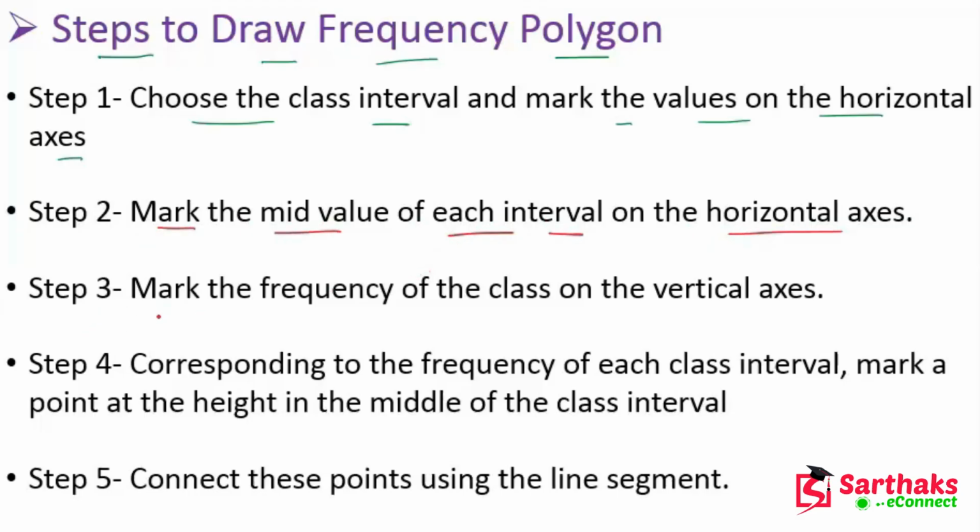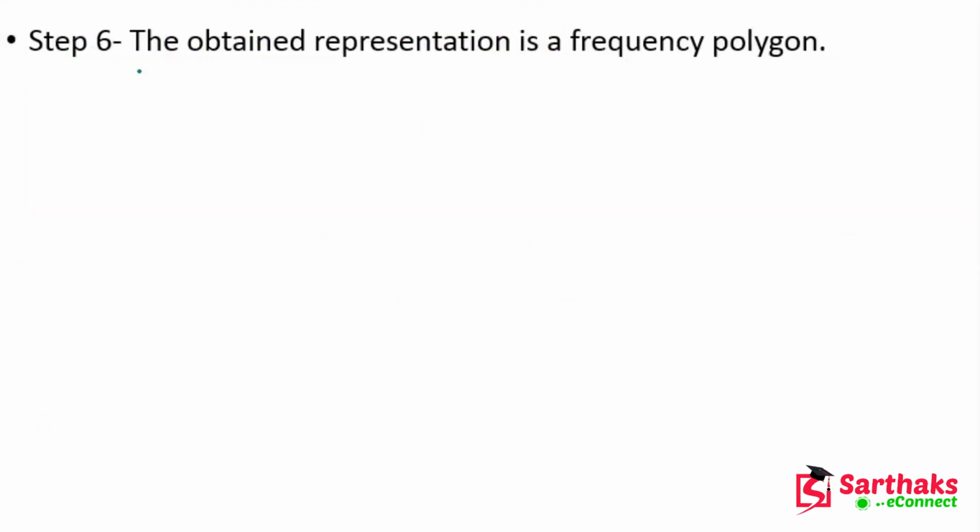Now mark the frequency of the class on the vertical axis. Then, corresponding to the frequency of each class interval, mark a point at that height in the middle of the class interval and connect these points using line segments. The obtained representation is the frequency polygon.